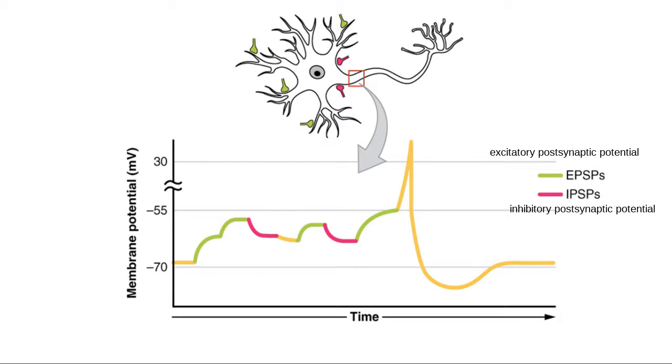Who raises that membrane charge? Yeah, chemically gated sodium channels. So last thing we would want to know is that this change that I see right here could only be caused by a chemically gated sodium channel. This change right here could only be caused by a chemically gated sodium channel.